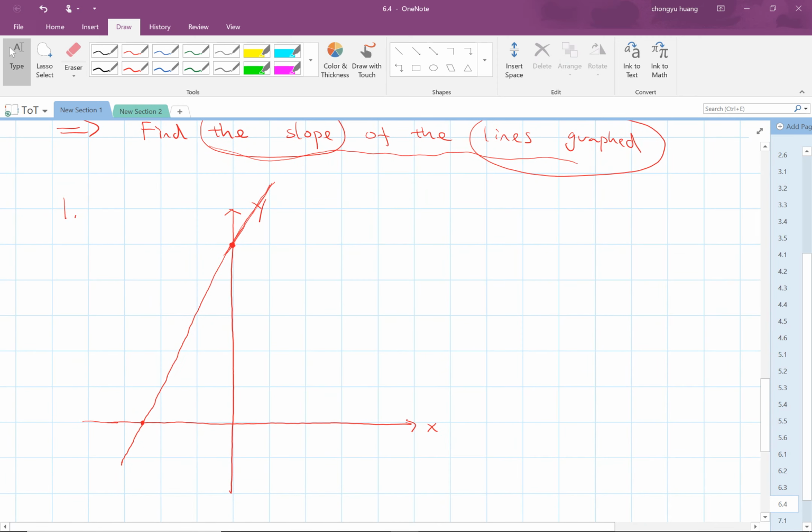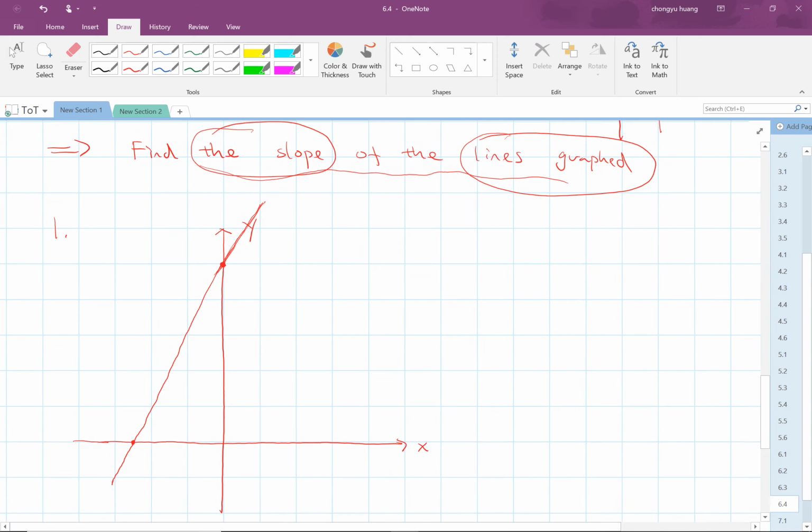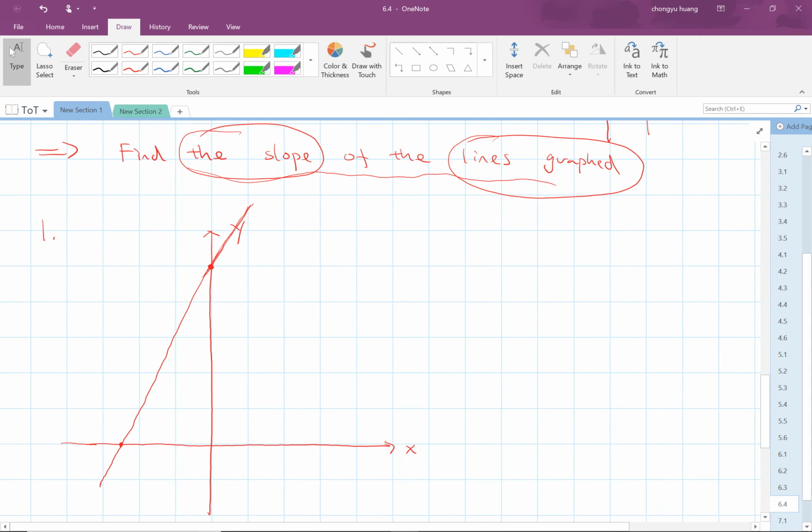As I said before, the really important information we talked about is that if we want to find the slope, we need to find at least 2 points.